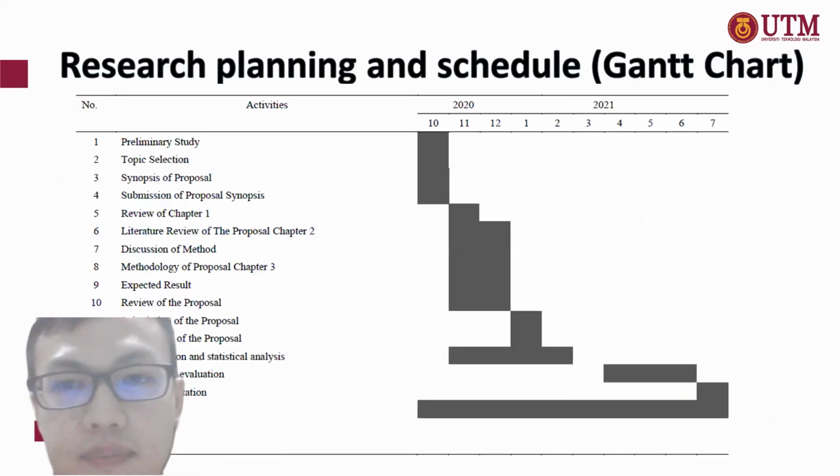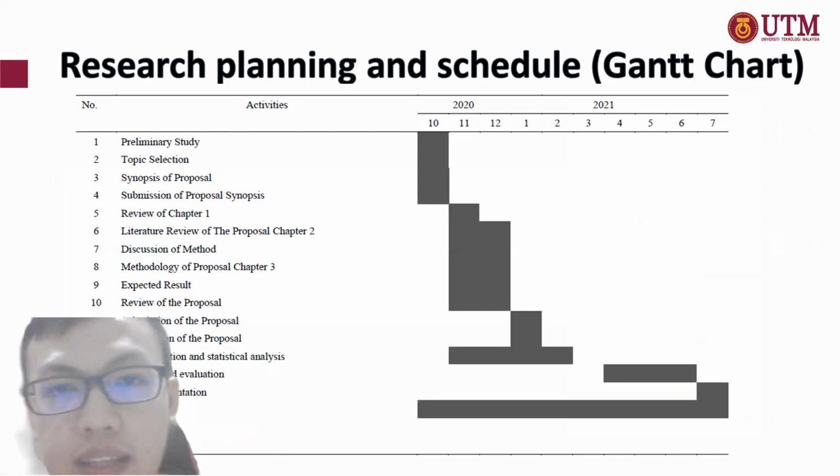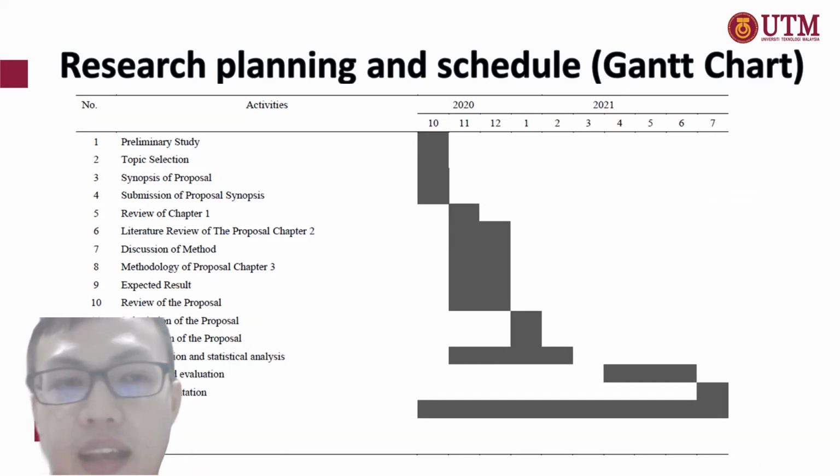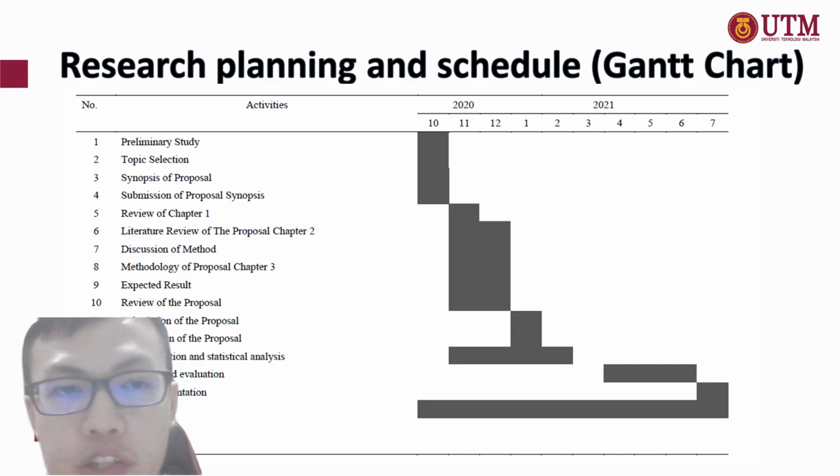Next, this page is the research planning and schedule Gantt chart. In this Gantt chart, I have planned the preliminary study, topic selection, synopsis of proposal, and submission of proposal synopsis, planned and submitted in October 2020.